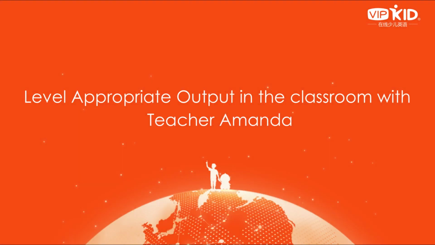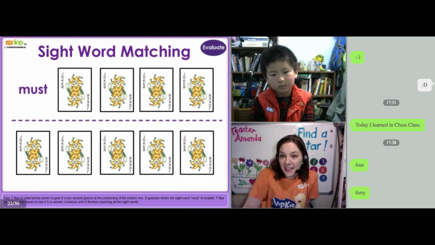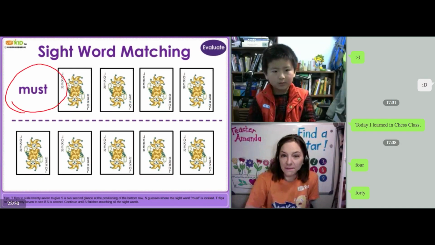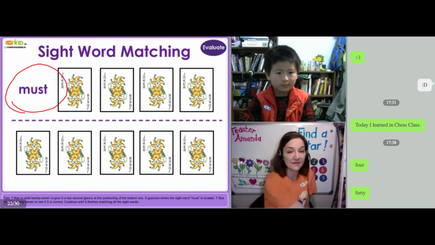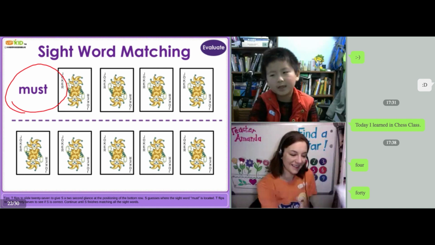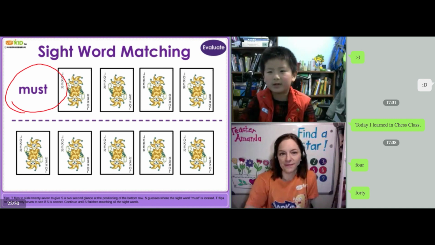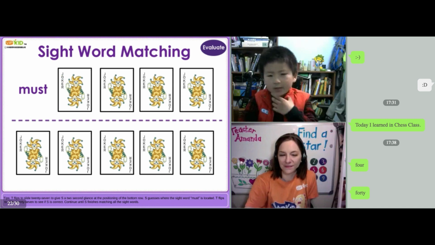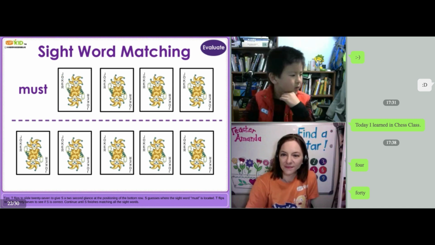All right, Frank, in this one, you have to tell me a sentence with each word. Ready? Tell me a sentence. I must do my homework when I must play.